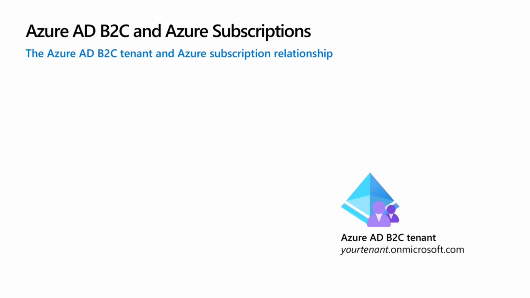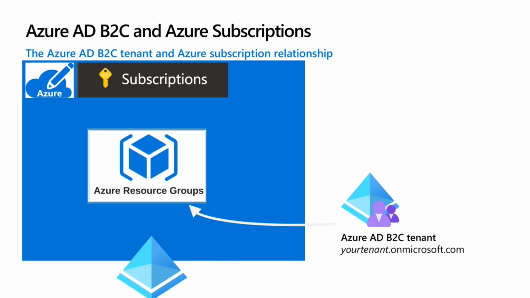But it's really standalone. And the only thing you need a subscription and a resource group for is because you need to link it. When you create the B2C tenant, you need to point to a resource group that lives in a subscription. And you do that because of billing, because you don't purchase a B2C tenant like you do with Azure AD, where you buy seats and licenses, E3, E5, and all that stuff.